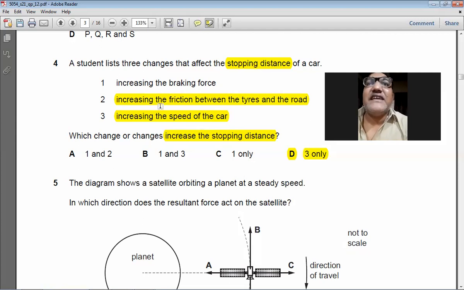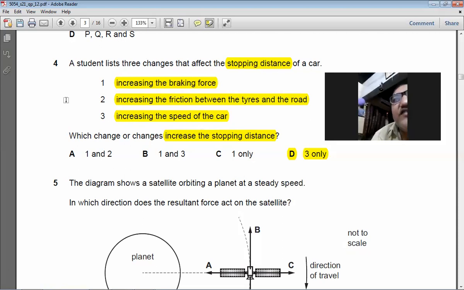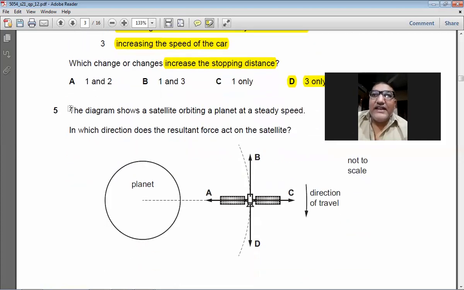So I think D is the choice. Question number 4, D is the right choice. I said that increasing the braking force is a little confusing sentence. The braking force, in fact, will decrease the stopping distance. Okay, so question number 4, D is the right choice.